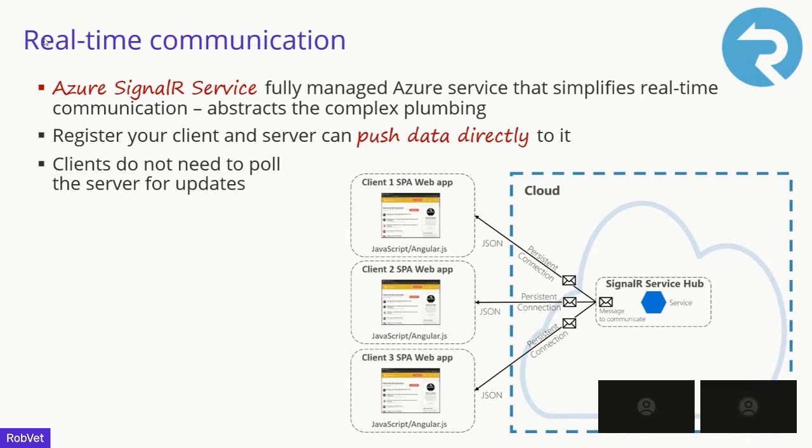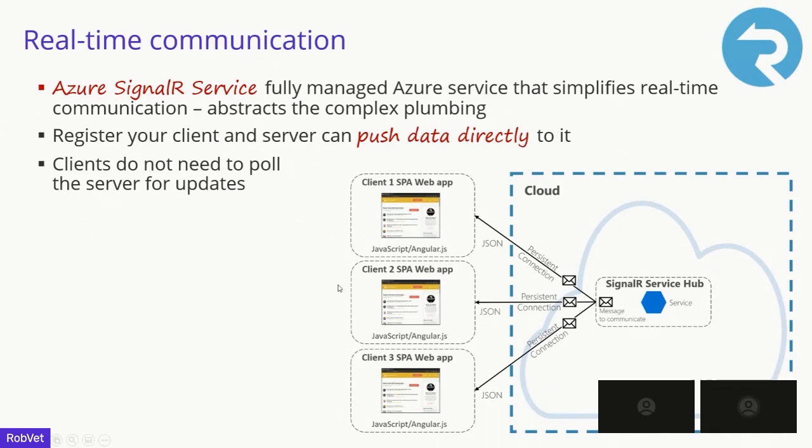What it does is abstract that complex plumbing from you, registering an endpoint with the SignalR hub, and then having messages pushed to you. You register your client, and once you do that, the server can push data directly to you. You're not having to poll the service all the time. So if you want that real-time experience, Azure SignalR would be something to look at.